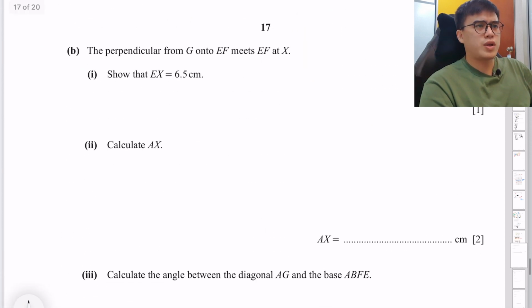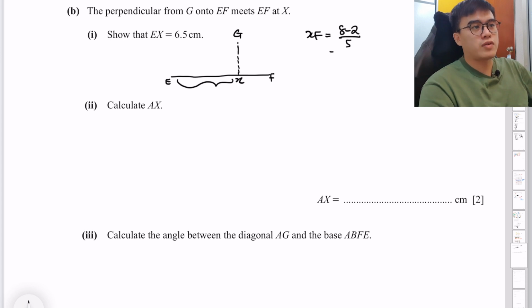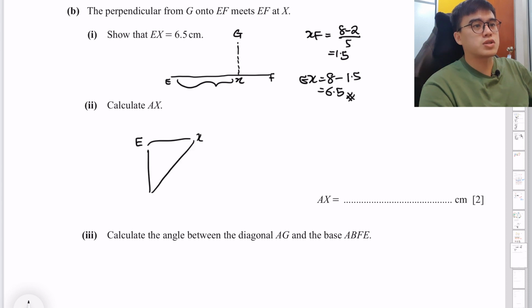Part B, show that EX is 6.5 centimeters. XF is actually like what I mentioned, 8 minus 5 divided by 2, you should get 1.5 here. So with that, 8 minus 1.5, your result will be 6.5. And to calculate AX, I draw this triangle here.